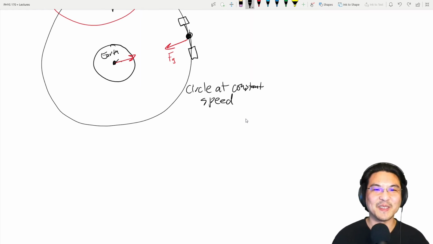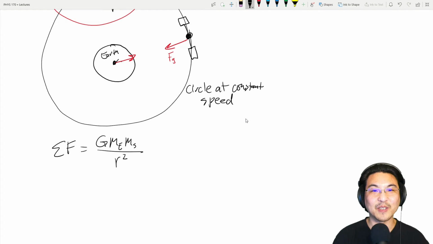Okay, so now let's say it's moving at a constant speed. Sum all the forces acting on the space station. There's only one: G, mass of the Earth, mass of the space station over the distance between the two centers of mass squared, equals mass times acceleration.